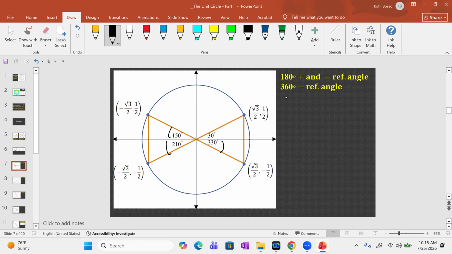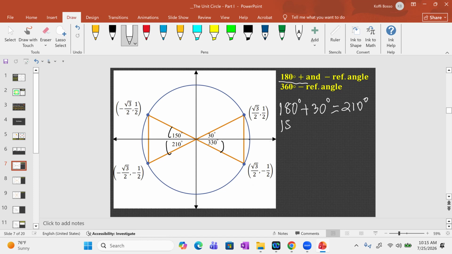take 180, add the reference angle; take the same 180, subtract the reference angle; take 360, which is a full circle, subtract the reference angle. That's what I put here. So if I do 180 degrees plus the reference angle, which here is 30 degrees, that gives me the 210, which is the one we see there.